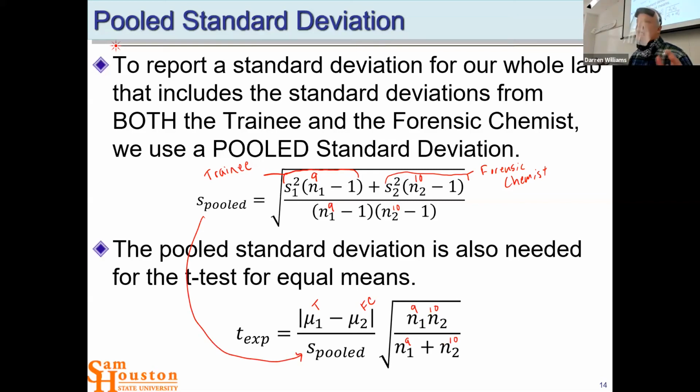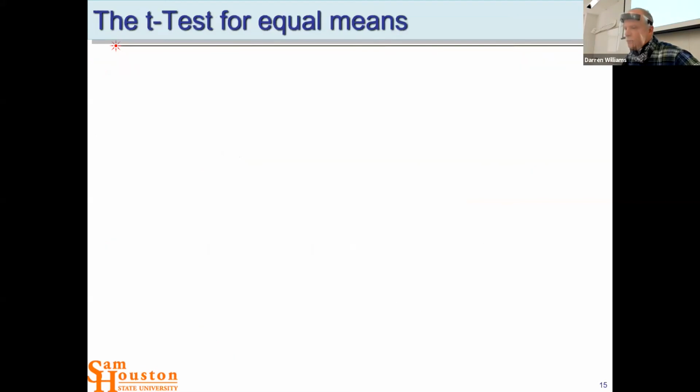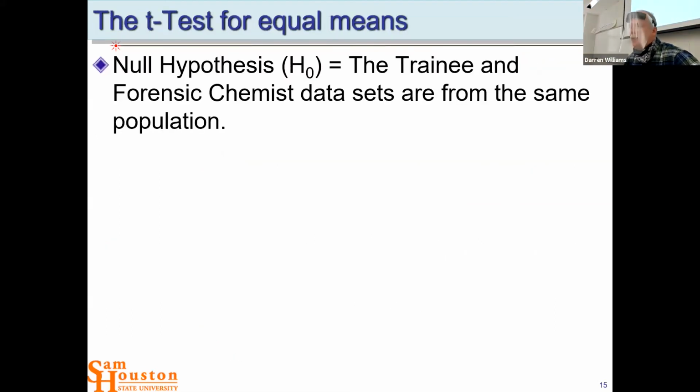So this is how you would come up with the t-test for these two personnel. The null hypothesis for the t-test for equal means is that the trainee and forensic data sets are from the same population. It's a fancy way of saying they should get the same answer.